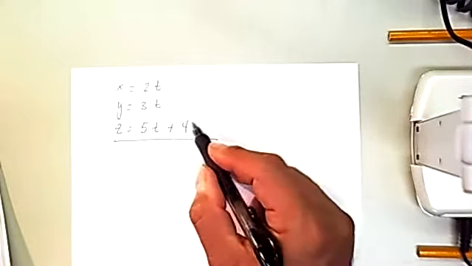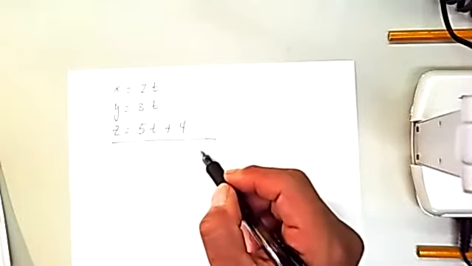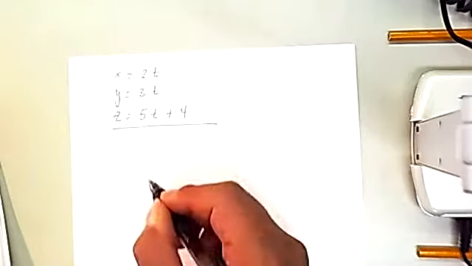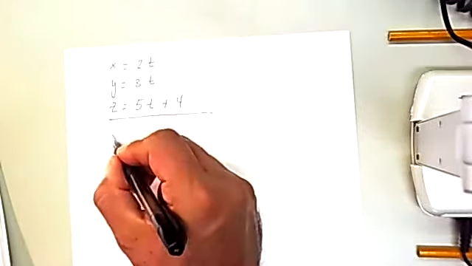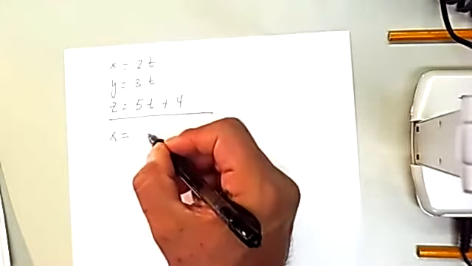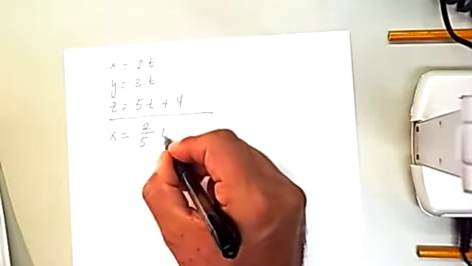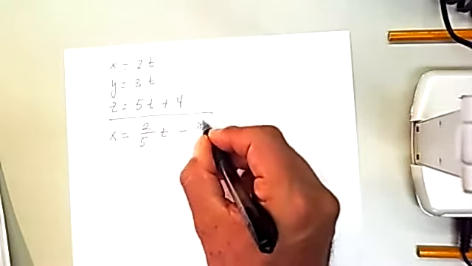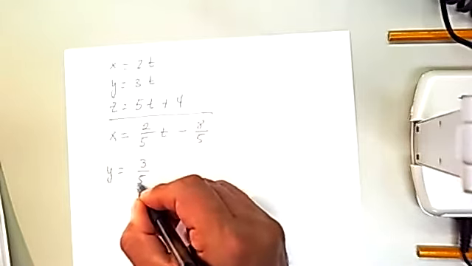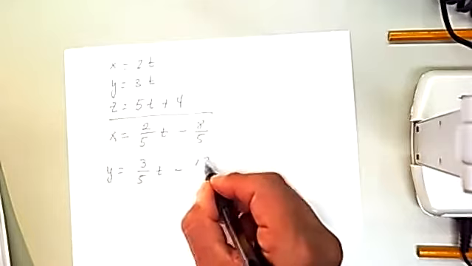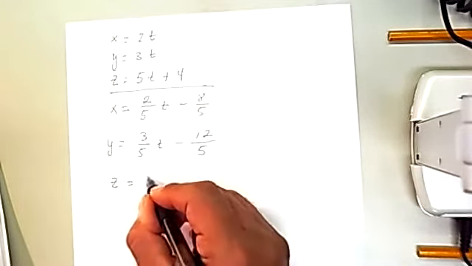By changing this into s and renaming it back to t, we have a new set of equations. X is 2 over 5 t minus 8 over 5. Y would be 3 over 5 t minus 12 over 5. And z would be just t.